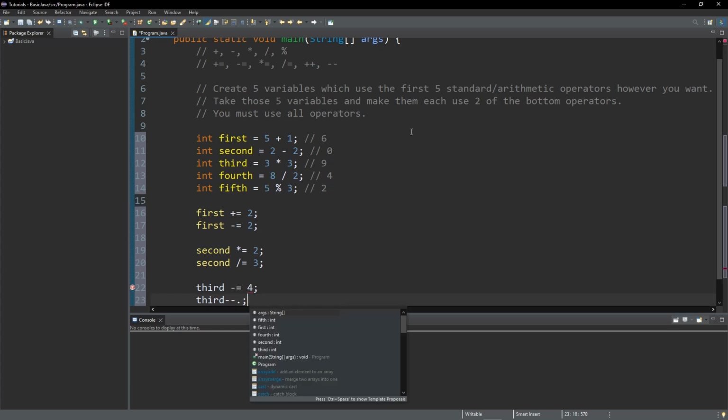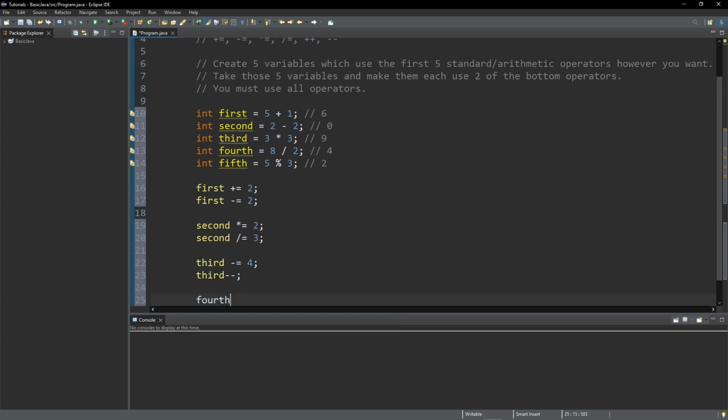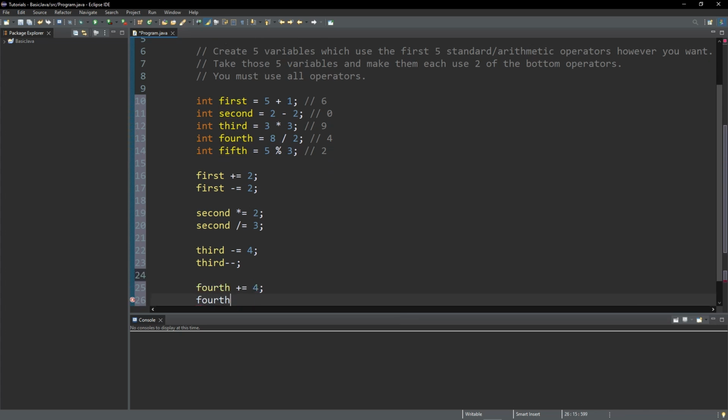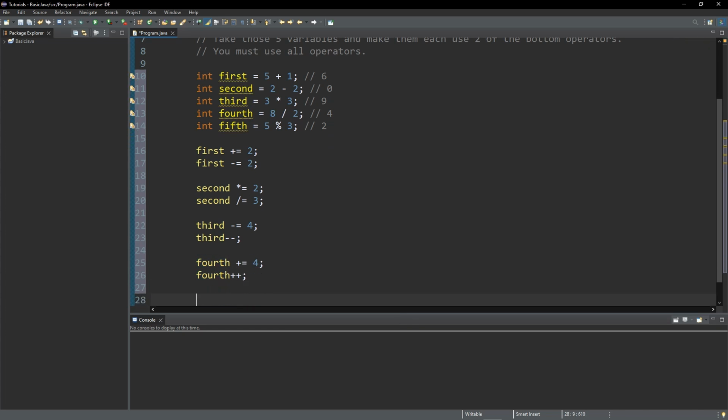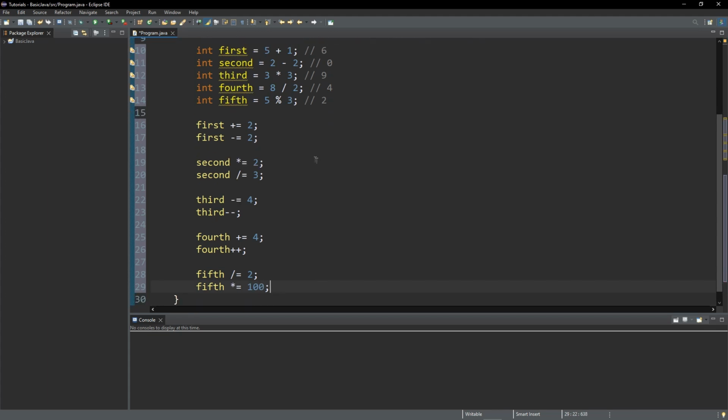Third, minus minus. Fourth, plus equals 4. Fourth, plus plus. Fifth, divide equals 2. Fifth, times equals 100. Now let's go ahead and guess these as well.